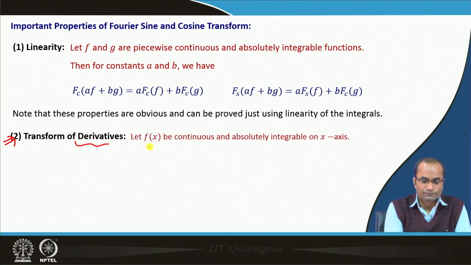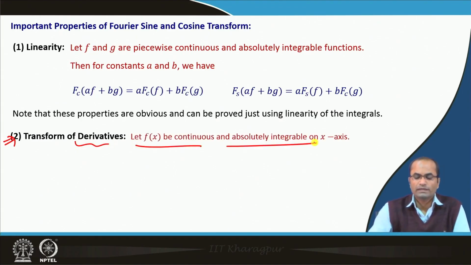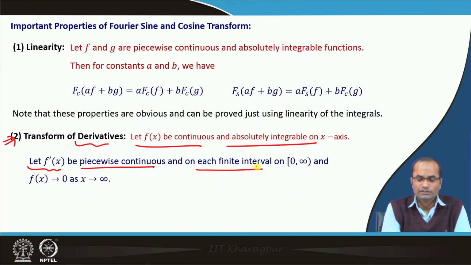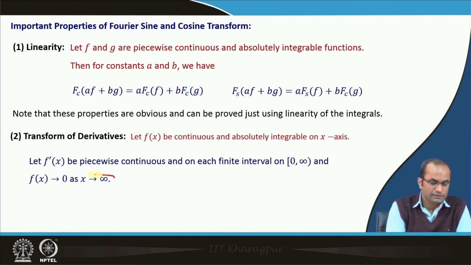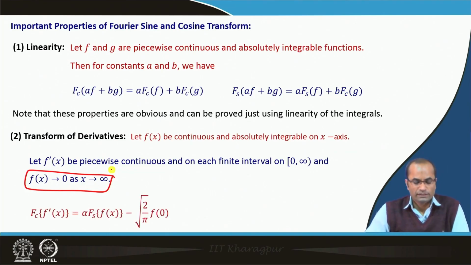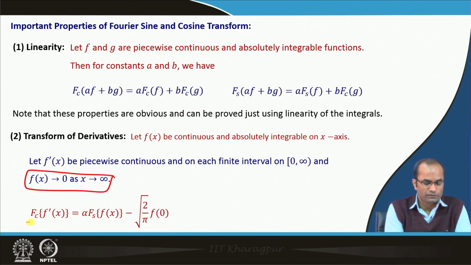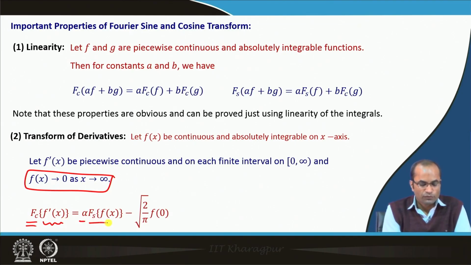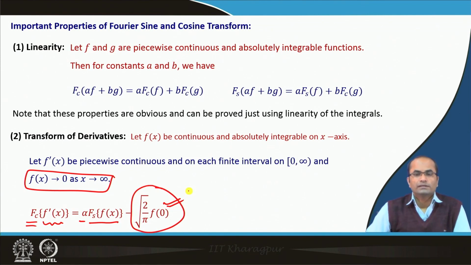So again, if f is continuous and absolutely integrable on 0 to infinity, and we assume that f prime is piecewise continuous on each finite interval of 0 to infinity, and we let f(x) go to 0 as x tends to infinity, so we have this additional property of f which says that it must go to 0 as x goes to infinity. Then we have this nice result that the Fourier cosine transform of the derivative f prime will be equal to alpha times the Fourier sine transform of f(x), and then another term with a minus sign, square root of 2 over pi, times f(0).